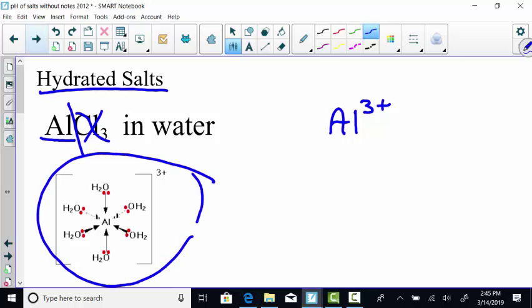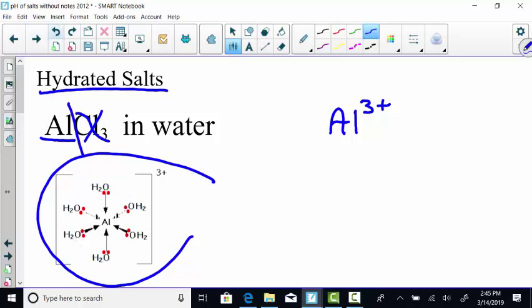It literally gets surrounded by water molecules, okay? This is called a complex ion, and it has something in it called coordinate covalent bonds. Two things that we need to talk about. But it's a complex ion simply because it has all of these water molecules around it.